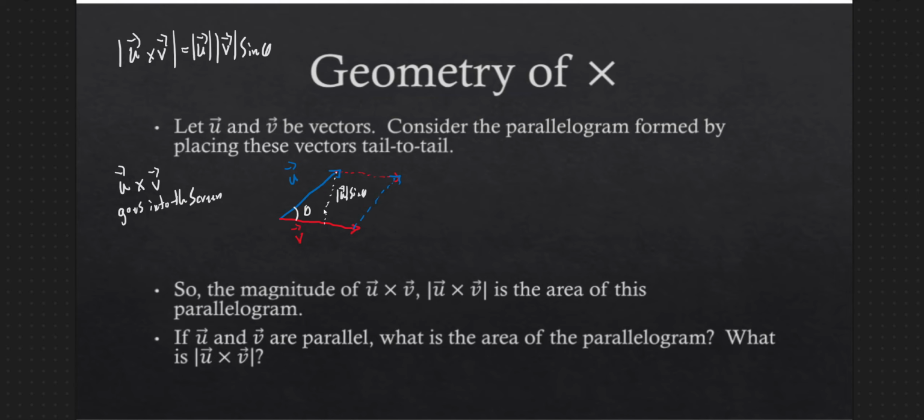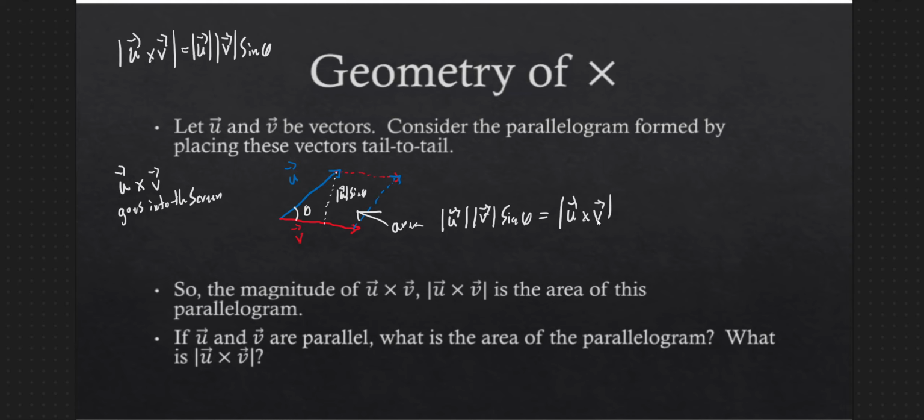And the length of this parallelogram is the magnitude of v. So this parallelogram has area, really cool, magnitude u times magnitude v times sine of theta. And that is exactly the magnitude of u cross v, as we saw by our definition.